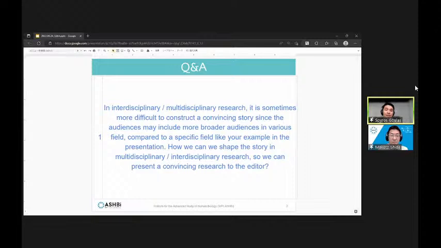I would say that in that case, it's also a question of which multidisciplinary field is the most attractive one, because that will probably be the centerpiece of the manuscript. But without an example in front of me, it's a little bit difficult to define how to structure your paper in order to make it more appealing.